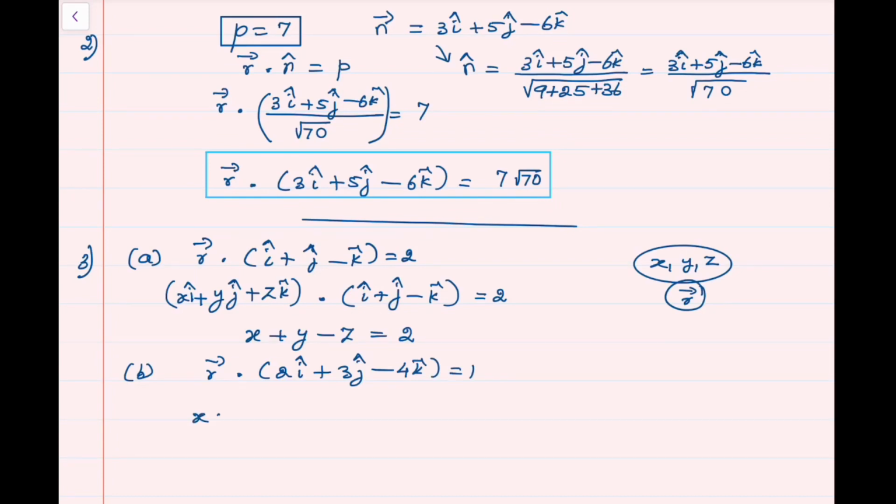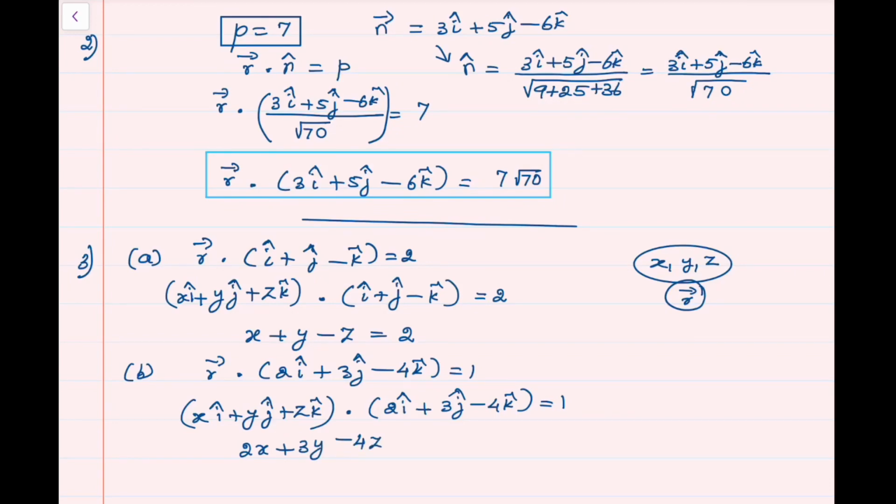We know that vector r is xi plus yj plus zk and dot 2i plus 3j minus 4k is equal to 1. Let us do the dot product. We get 2x plus 3y minus 4z equal to 1. This is the Cartesian equation of the plane.